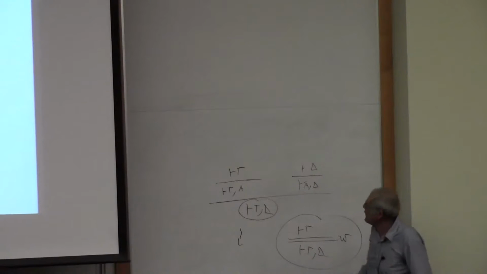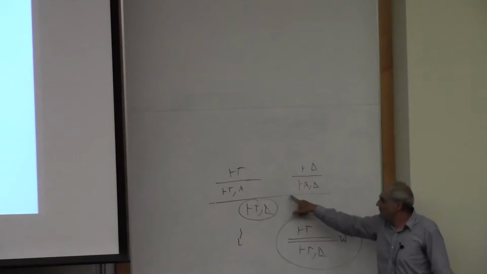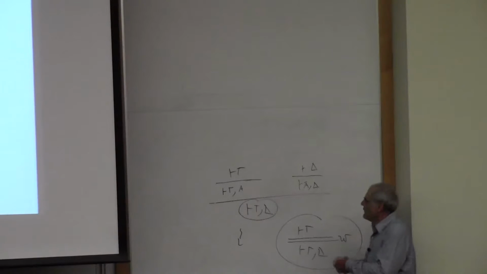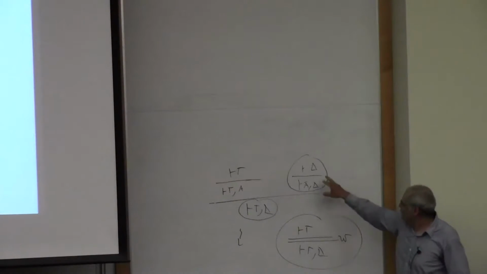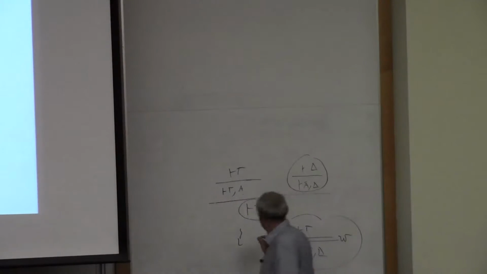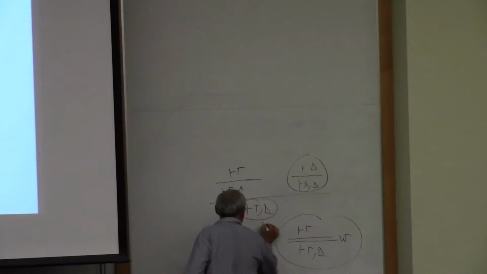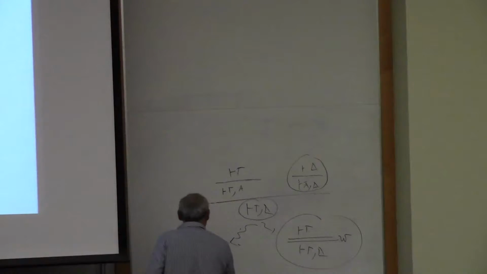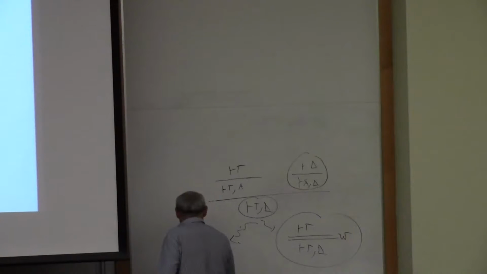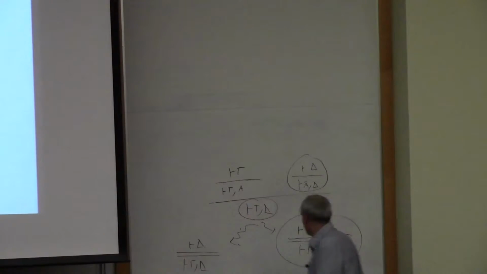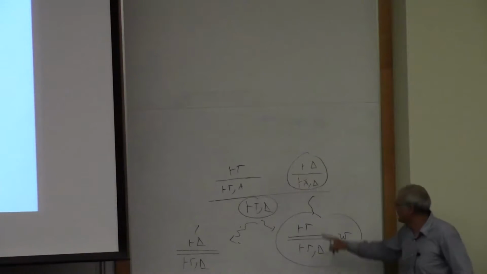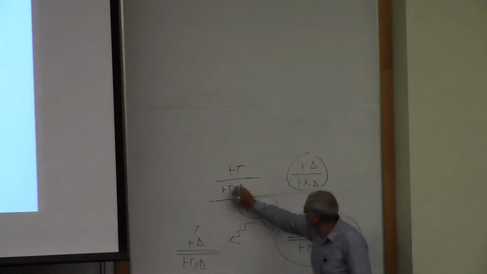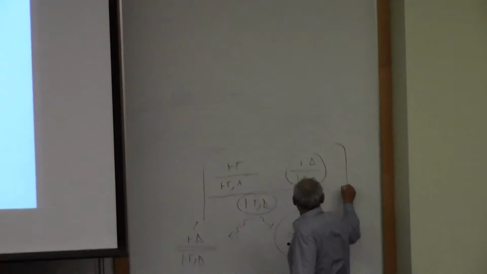But I could equally well have said that the result, because I could now decide that this is the guy who takes control, and this could also reduce. So it reduces on one hand to this one, and it reduces also to the other proof, so we have two proofs of the same conclusion gamma delta, which are obtained from this unique proof.